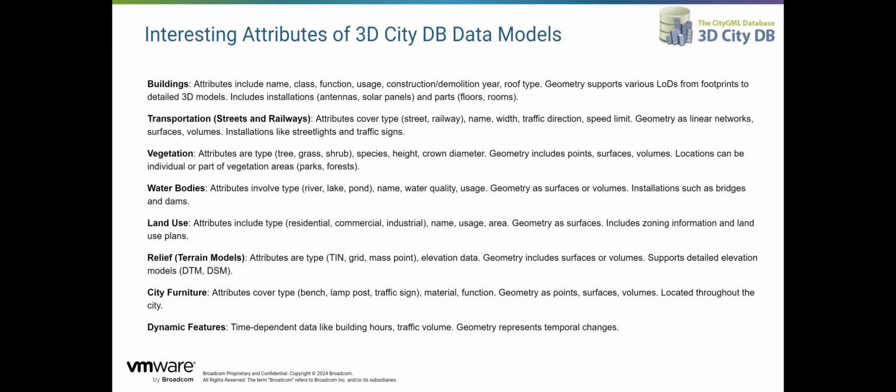What's in this data model is stuff like buildings, streets and railways, trees, lakes and rivers, land use, terrain, even things like benches, lampposts, traffic signs. Who knows what's in there depending on each city, right? And so you can poke into this data, upload it into your system, and then start doing queries that leverage these filters and attributes about what you're trying to analyze.